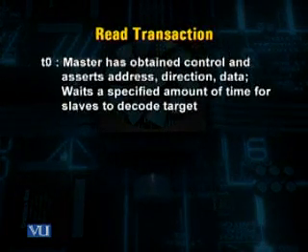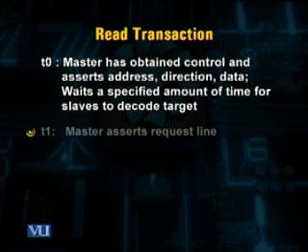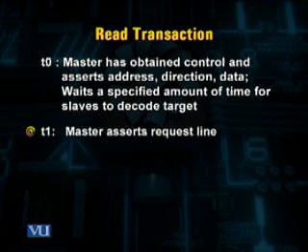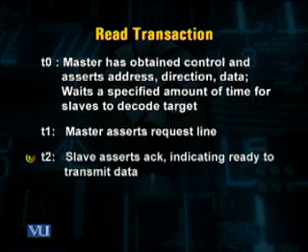Here at time T0, the master has obtained control and it asserts the address, direction, and it waits a specified amount of time for the slave to decode the target location.